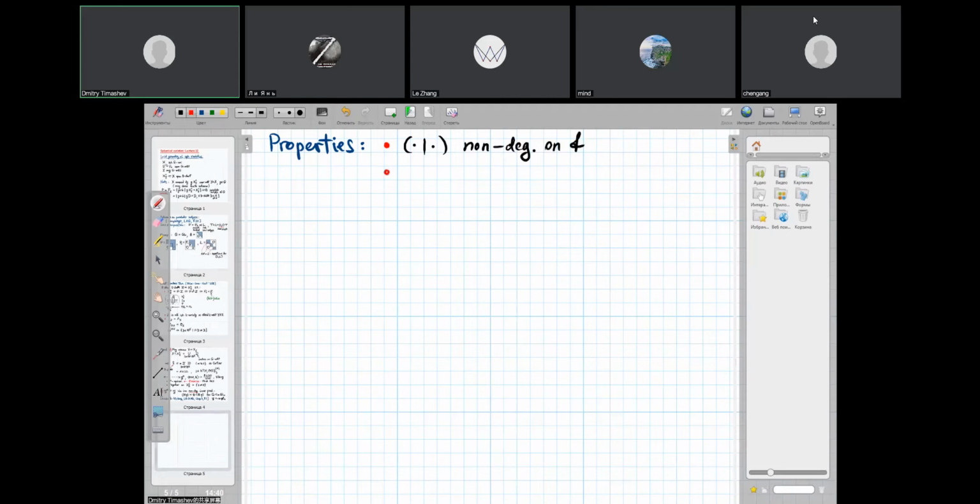T is the maximal torus in G. And this small German t is the Lie algebra of T. Again, we already used this notation before, so nothing new for us.